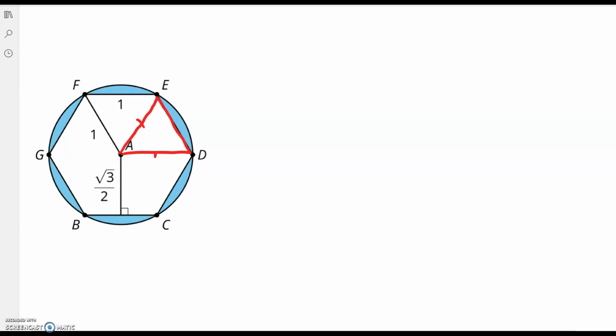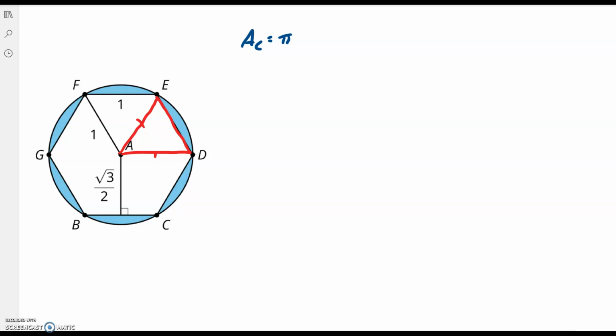If we find the area of one of these triangles and multiply it by 6, we have the area of our entire hexagon. The good news is the area of our circle has not changed. So the area of our circle is pi square units.